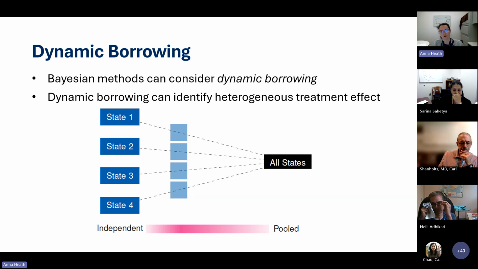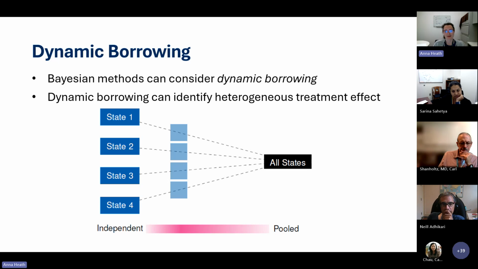Essentially the goal is that we can learn from the data how similar these patients are to each other, and so how close you should be to a pooled analysis. So you can think about it as a compromise between an independent analysis and a pooled analysis, where the data tells you where in that distribution you should actually lie, or where on this graphic you lie. And again, this is a Bayesian analysis.